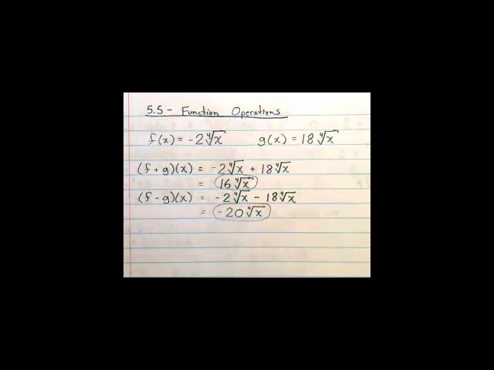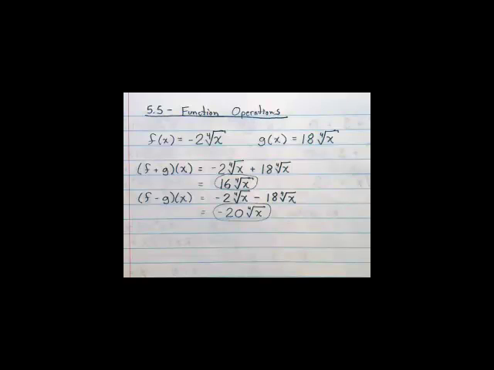Okay. Now, what if those two functions that I started with, what if they didn't have the same kind of root? Or what if they were just like completely different things? If I went to add or subtract them together, I wouldn't be able to actually like combine them, right? If f of x was a third root of x instead of a fourth root of x, I'd have to kind of just leave it like this first line.